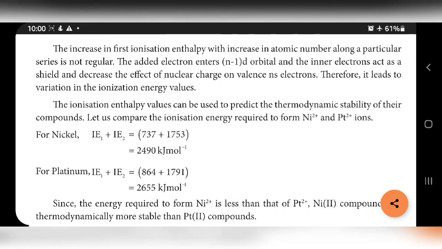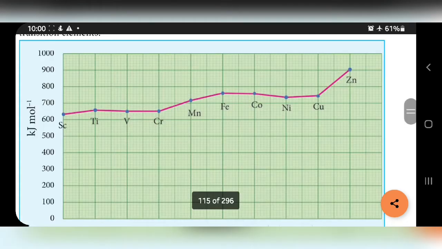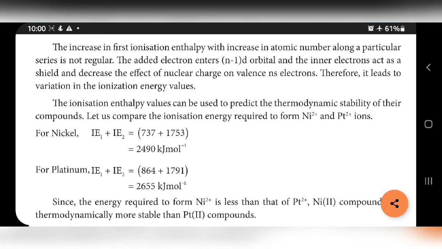The increase in first ionization enthalpy with increase in atomic number along a particular series is not regular. See this picture: ionization energy increases with increase in atomic number, but not regularly.